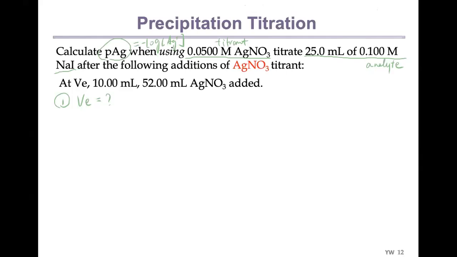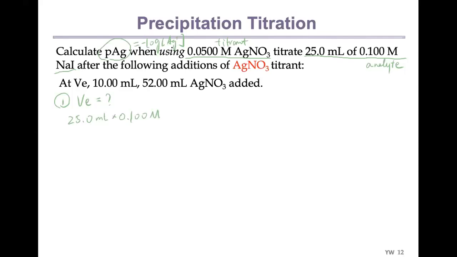No, VE is defined as the volume of titrant that is needed to reach the equivalence point. Would you use the dilution equation with the 25 ml and the 0.100 and the 0.05? Okay, so you have 25 milliliter multiplied by 0.100 molarity. What do you get by doing this? 2.5. What quantity are you getting from this?